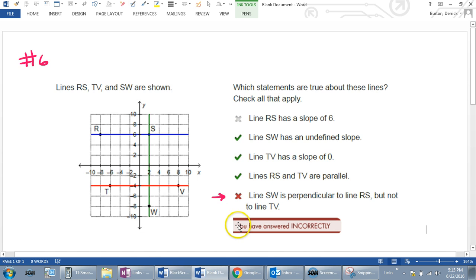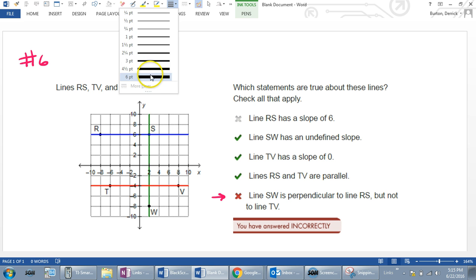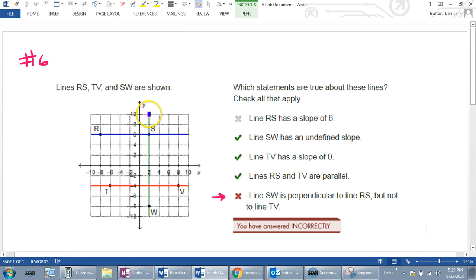Okay, so line SW is perpendicular to RS. Let's check that part so far. Okay, so line SW is perpendicular to line RS. Is that true so far?